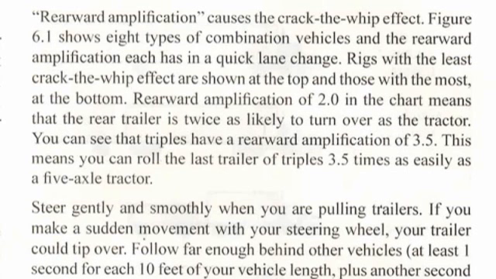Rearward amplification of 2.0 in the chart means that the rear trailer is twice as likely to turn over as the tractor. You can see that the triples have a rearward amplification of 3.5. This means you could roll over the last trailer of triples 3.5 times as easily as the 5-axle tractor.